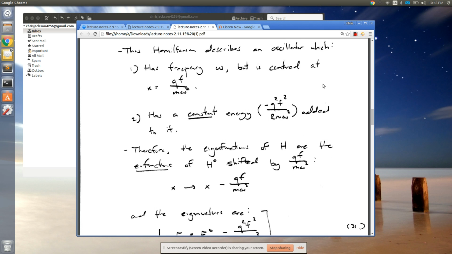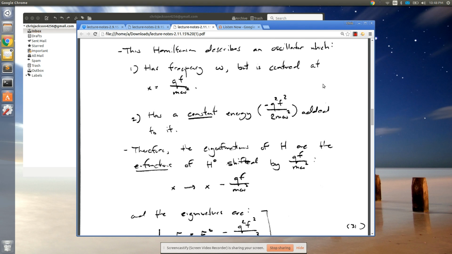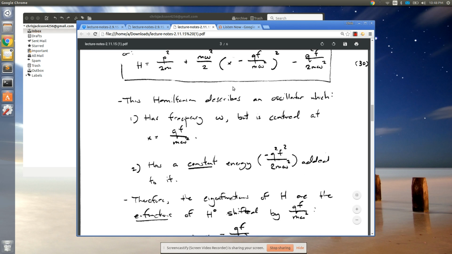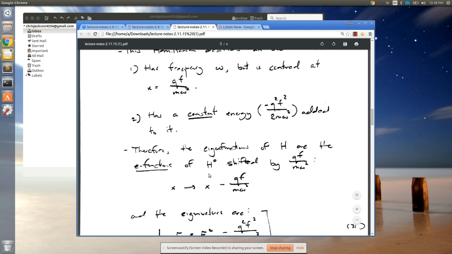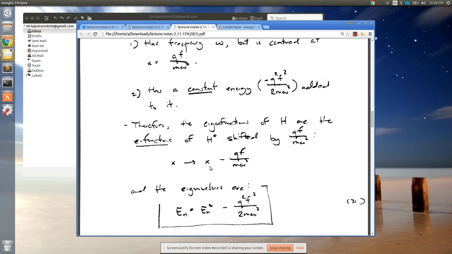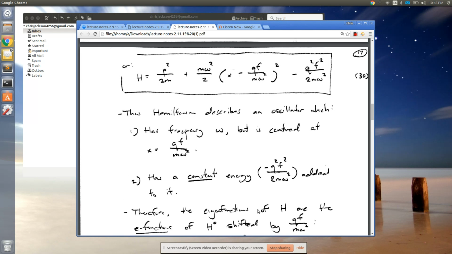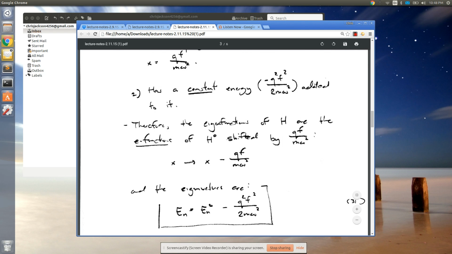So basically, you can look at this problem and write down the solutions, because you can see that the eigenfunctions of our full Hamiltonian are going to be the eigenfunctions of our unperturbed Hamiltonian, shifted by some constant piece, which is basically coming from the shift in the x variable, right? And the energy eigenvalues are going to be just the unperturbed energy eigenvalues of the simple harmonic oscillator minus that constant piece that's coming from here in the Hamiltonian, okay?